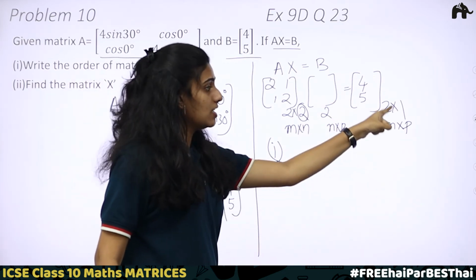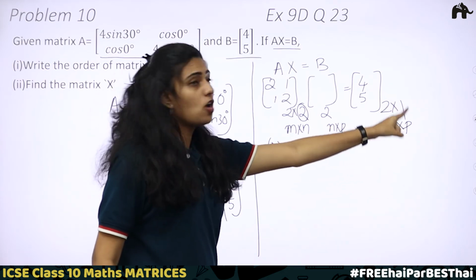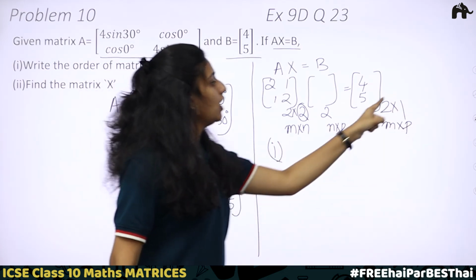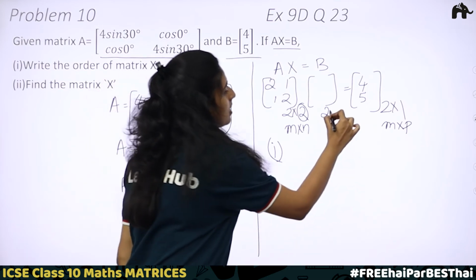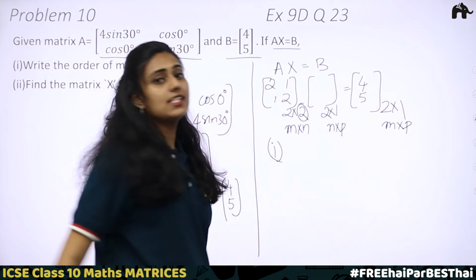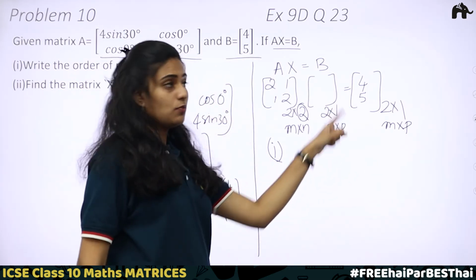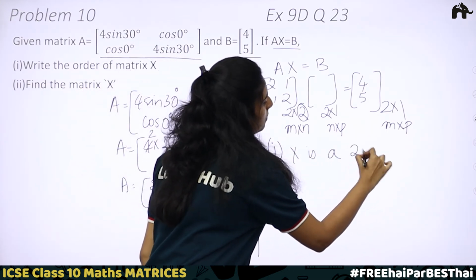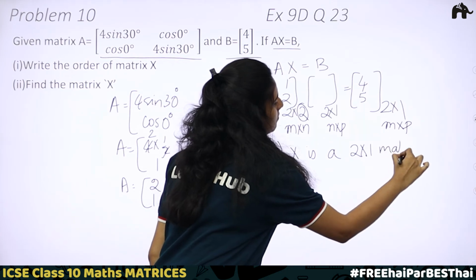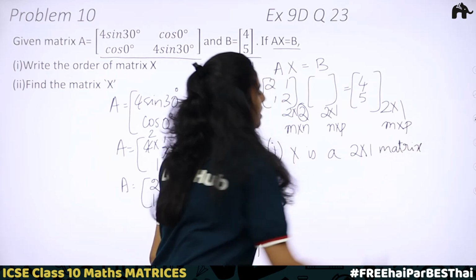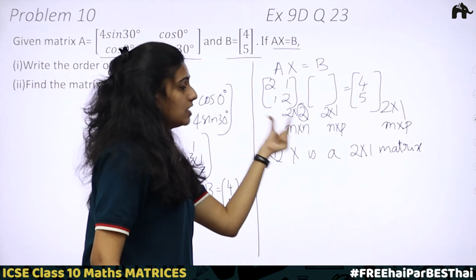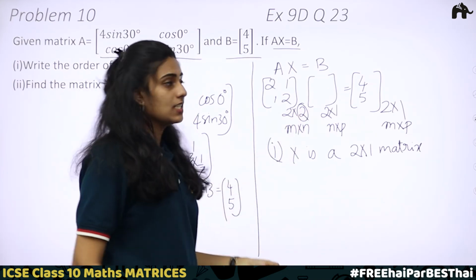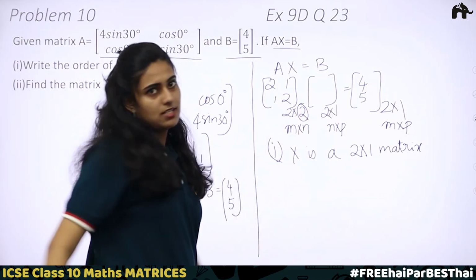In the product matrix, the number of columns is P. Here the value of P is 1. Therefore, the number of columns in the second matrix should be 1. Which means X is a 2 by 1 matrix. A 2 by 2 matrix into a 2 by 1 matrix gives us a 2 by 1 matrix.